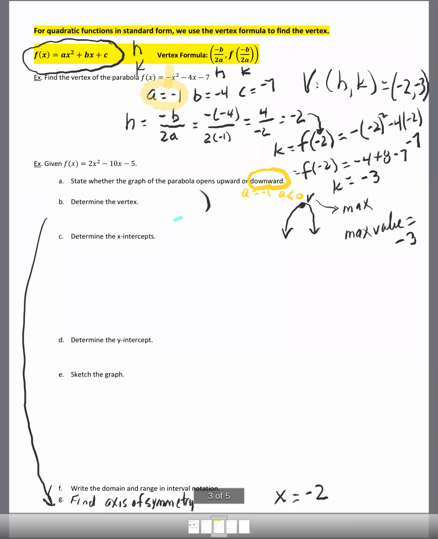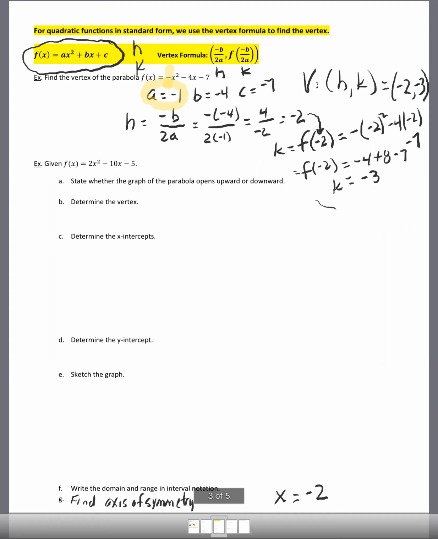Sorry about that. I'm so used to doing everything at once. Our first example only asked us for the vertex. This second example here is actually asking us to use a different equation. So let me back up then.